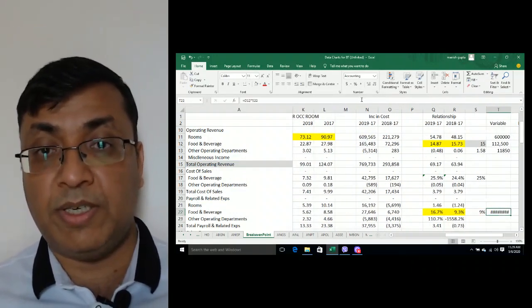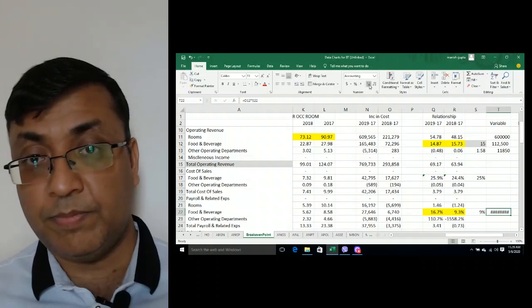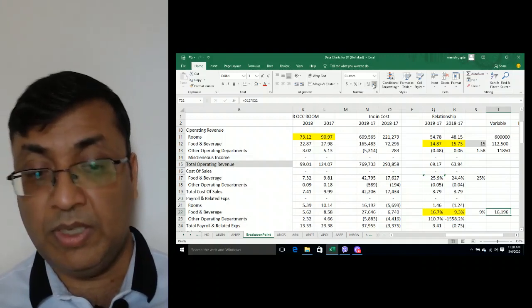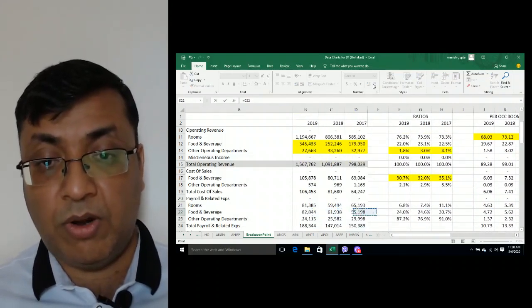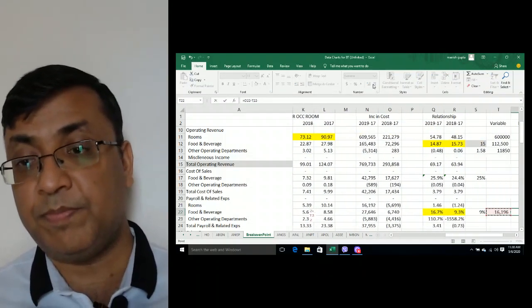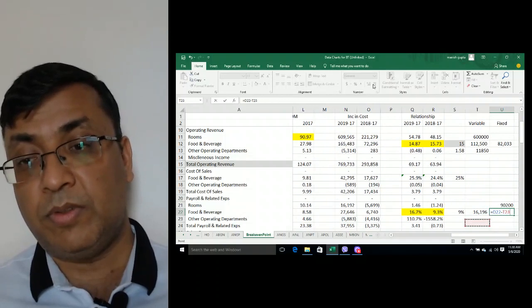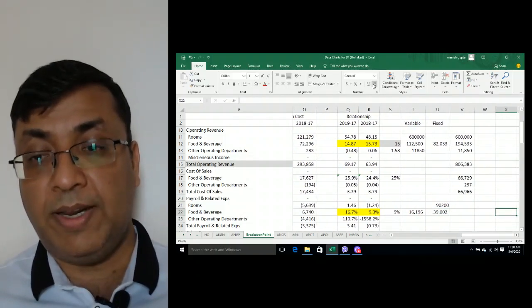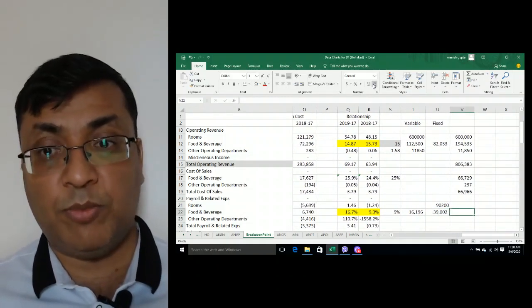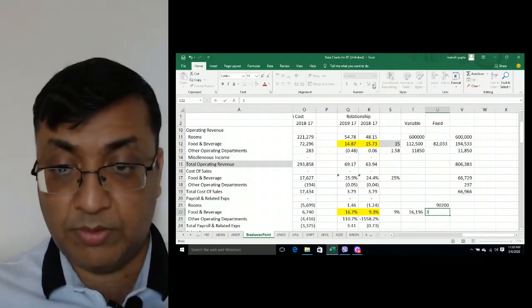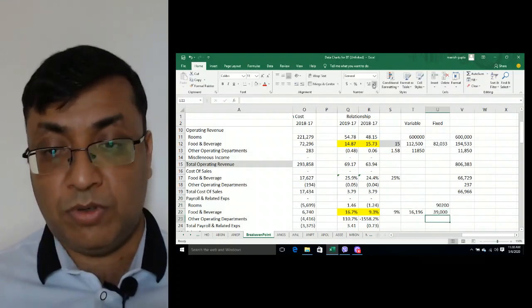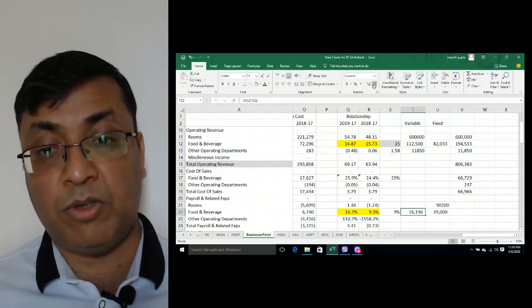So 9% is 16,000. The fixed portion is total cost minus that, 39,000. So 39,000 becomes the fixed portion. The rest of it becomes variable cost, 9%.